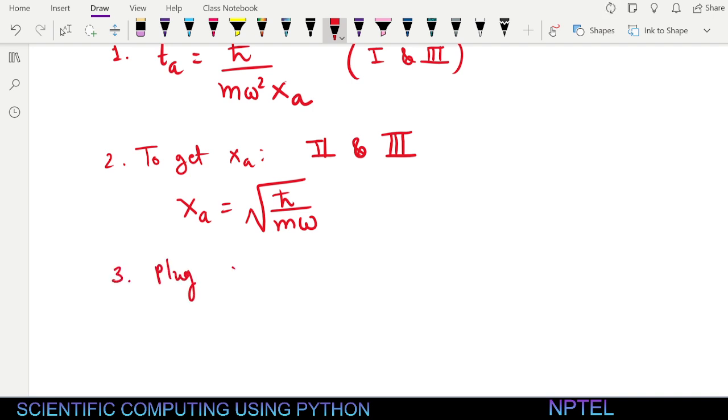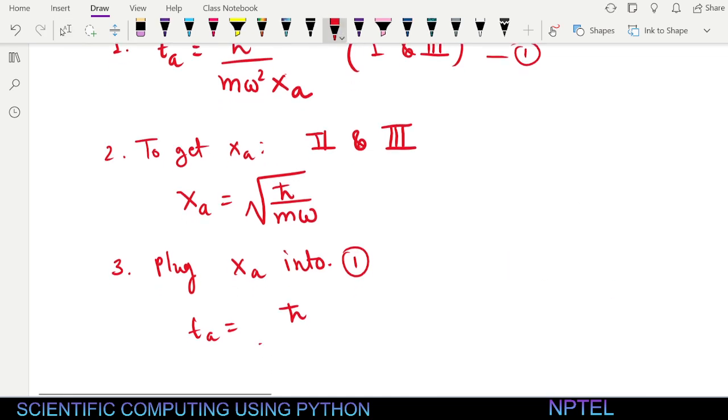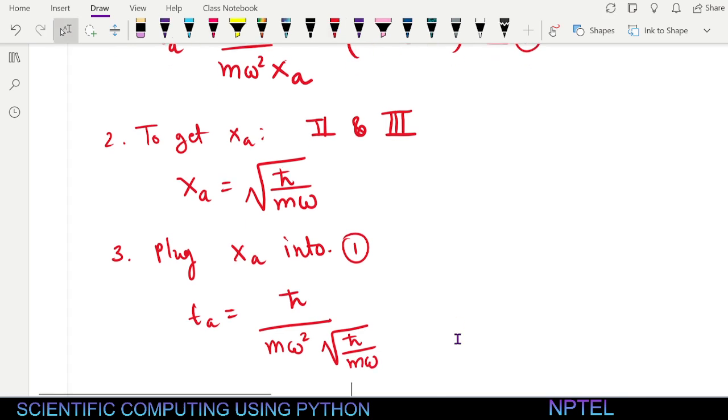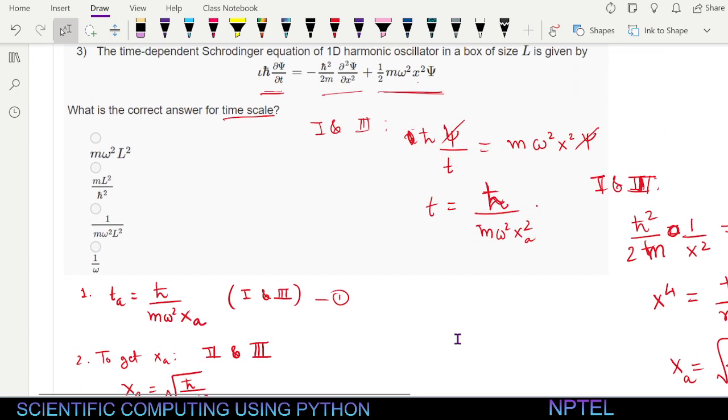Now plug xa into 1. So we get Ta is equal to h divided by m omega times the square of xa. Yes, it's a square.